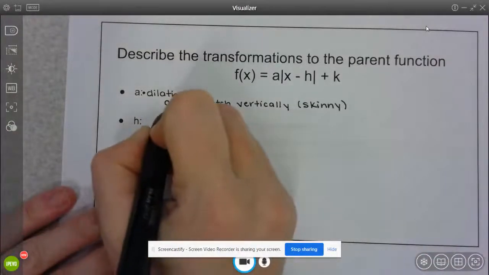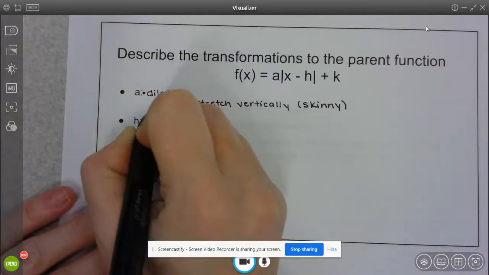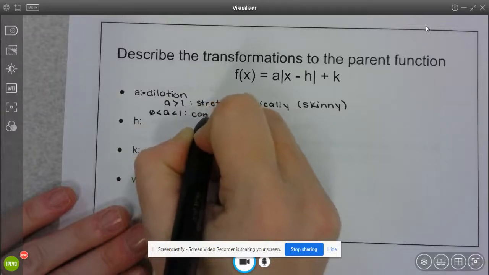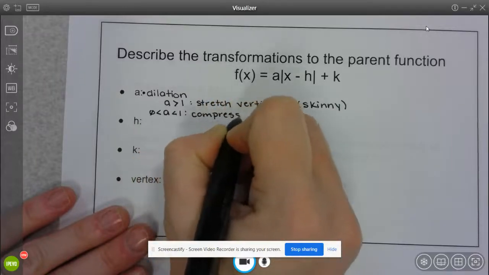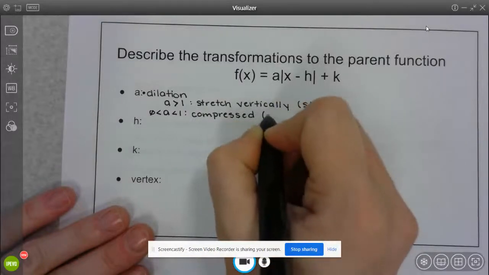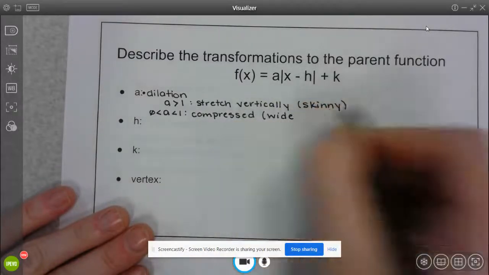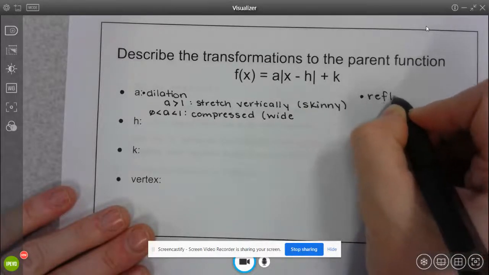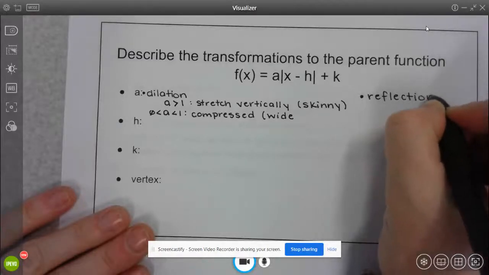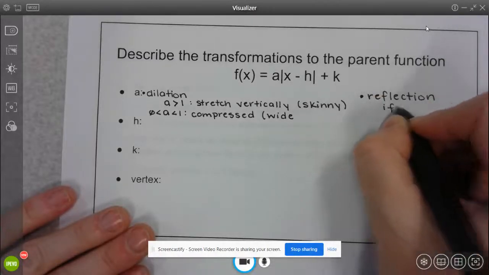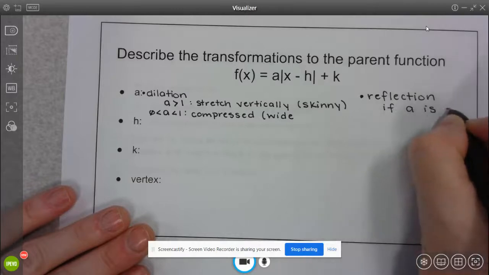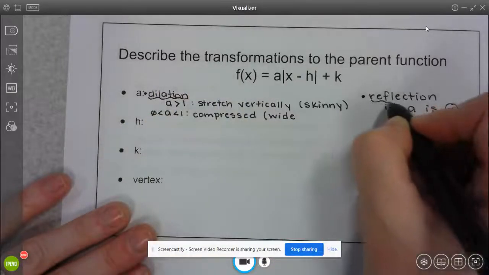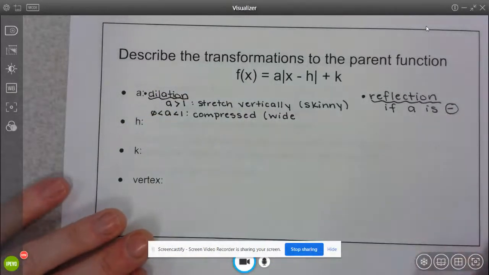If our A value is between 0 and 1, it's been compressed, which means it's going to be wide. And A also does a reflection if A is negative. So there's two different things it does. It could do a dilation and it could do a reflection.